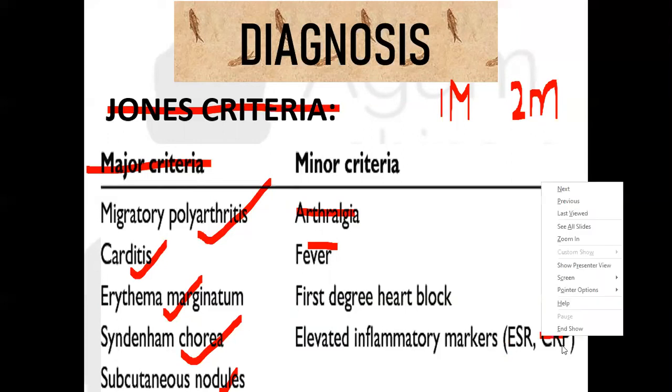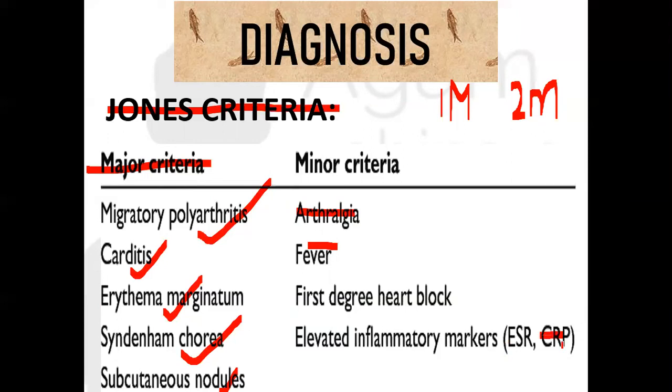So CRP, ESR, all these are common things that happen in any inflammatory disease. So Jones has divided like this, and he said, as a physician, you can diagnose or confirm it is a rheumatic fever if the patient presents with 2 major or 1 major and 2 minor. So this is about Jones criteria.